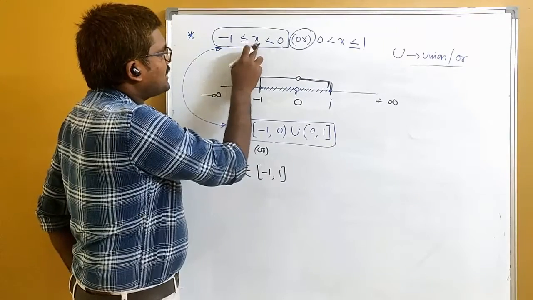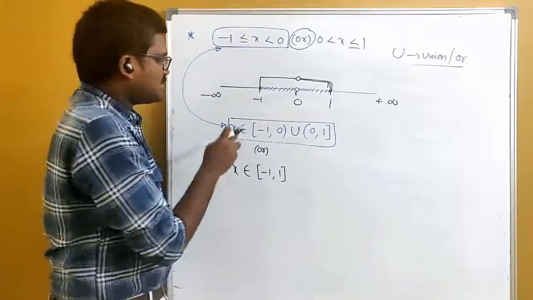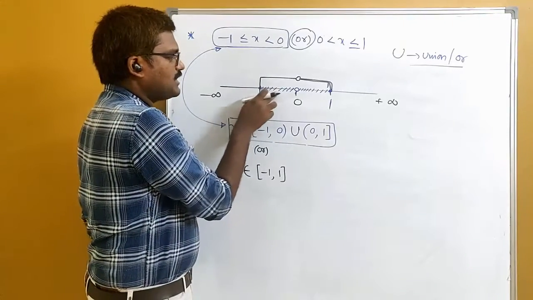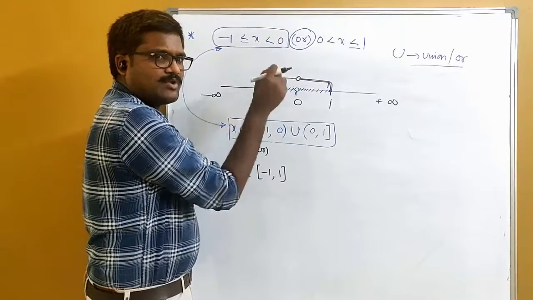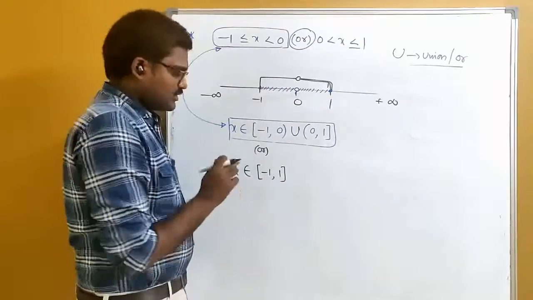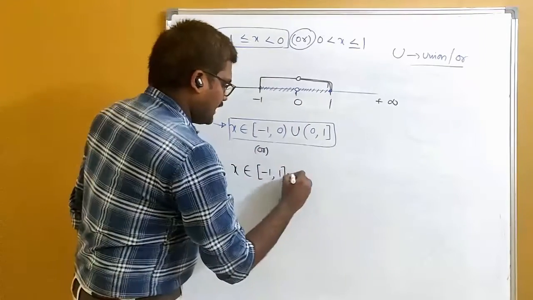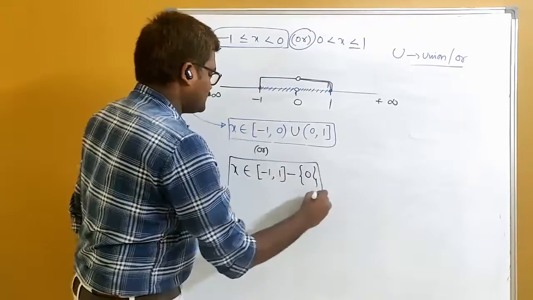Because -1 is less than or equal to x less than 0, and again 0 less than x less than or equal to 1. That means from -1 to 0 it was continuous, no problem, but at 0 there is some voidness. I am not including 0, and again after 0 to 1. So -1 to 1 except 0. That means I have to exclude 0.